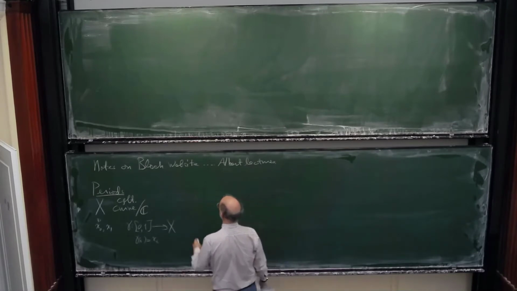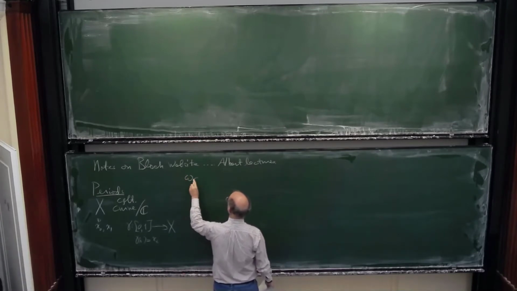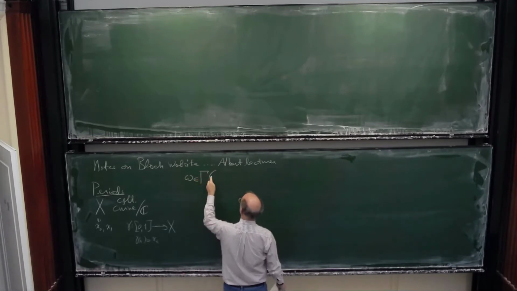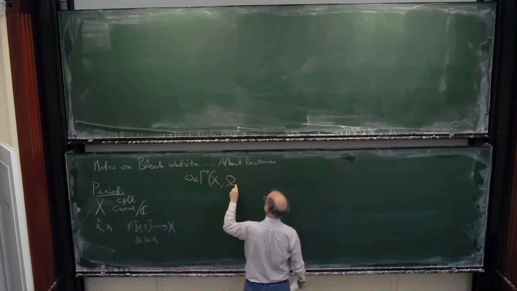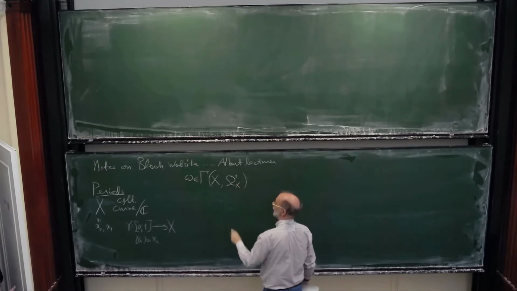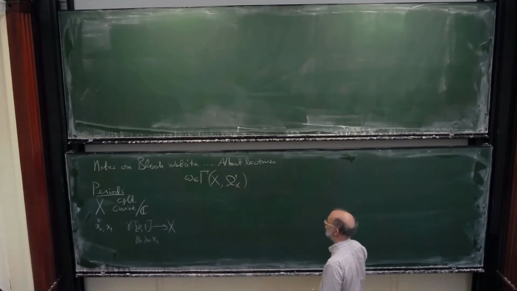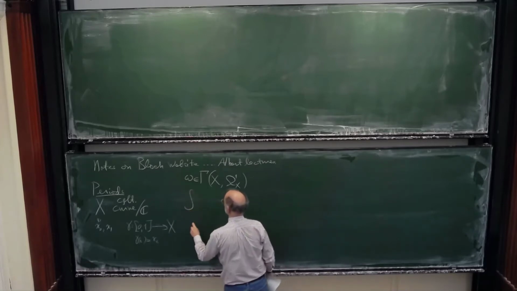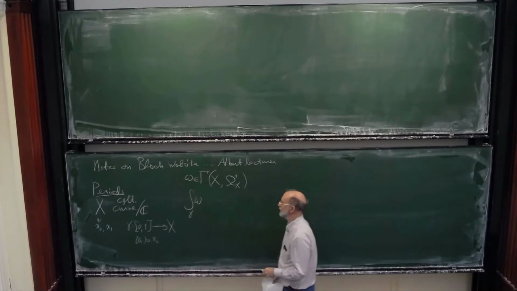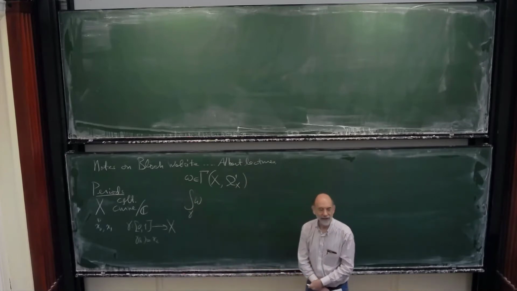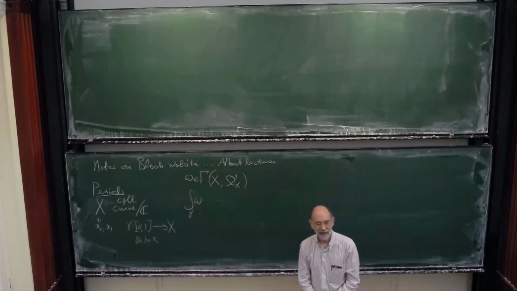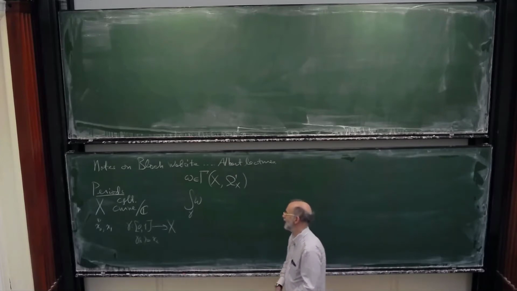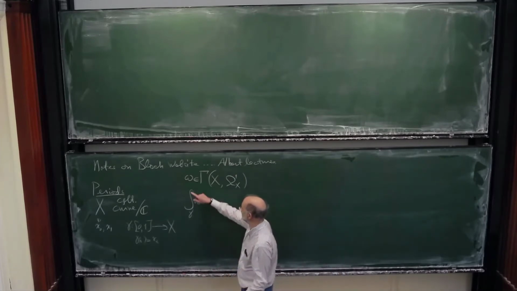If we give ourselves omega, a holomorphic 1-form, then we can look at the integral over gamma of omega, and we can say loosely that that's a period. Of course, it's not very interesting because I didn't specify any field of definition for omega.